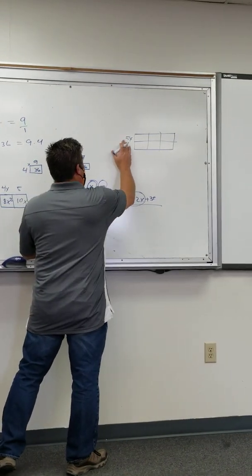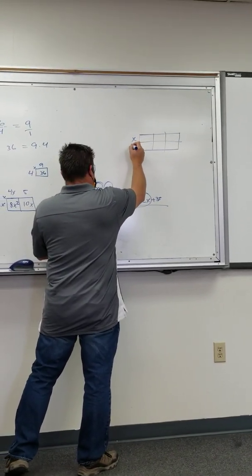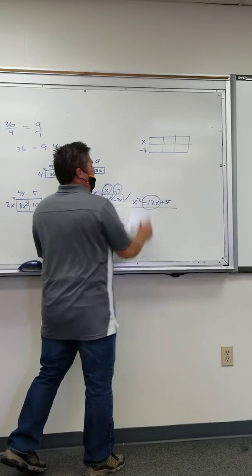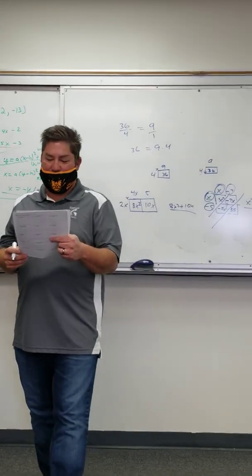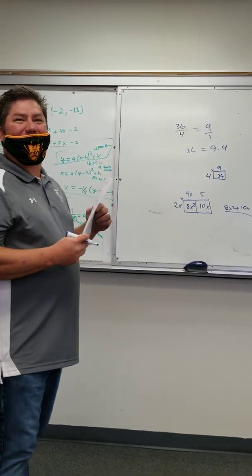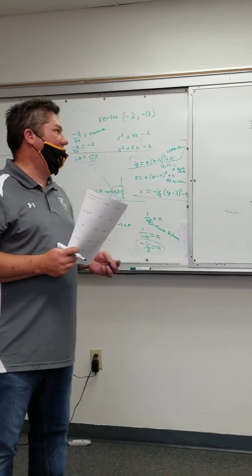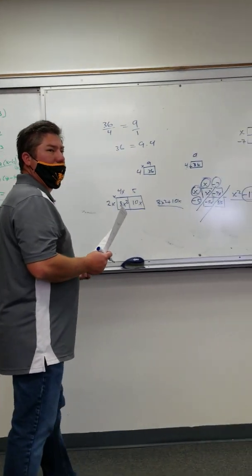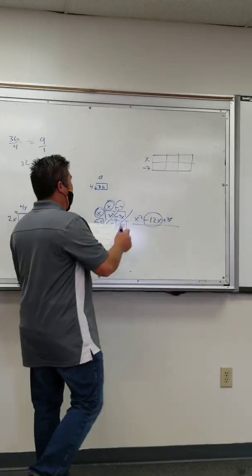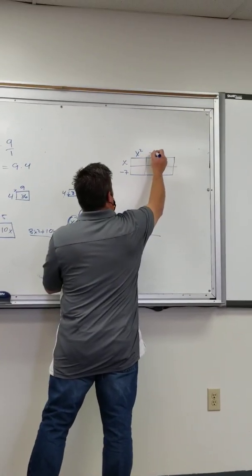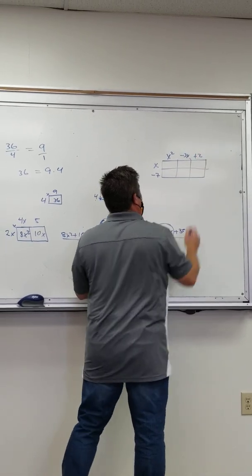We haven't done it yet. Sorry, we shouldn't be doing the last one. Let's do x minus 7. Sorry. And then what goes on the top? Alejandro, what goes on the top? X squared minus 3x plus 2.